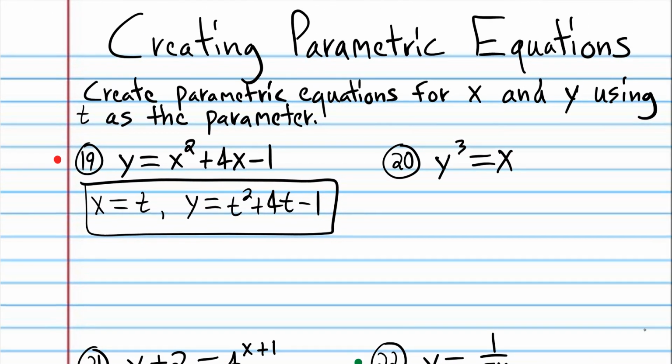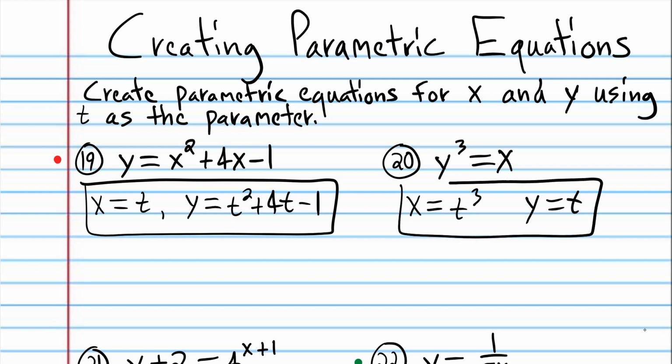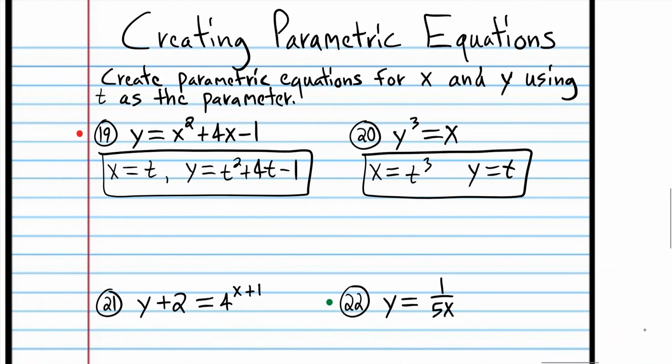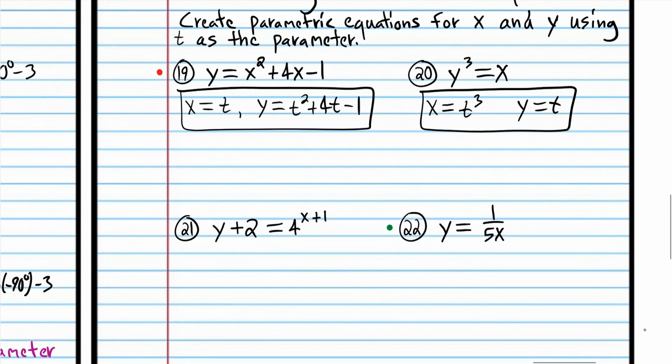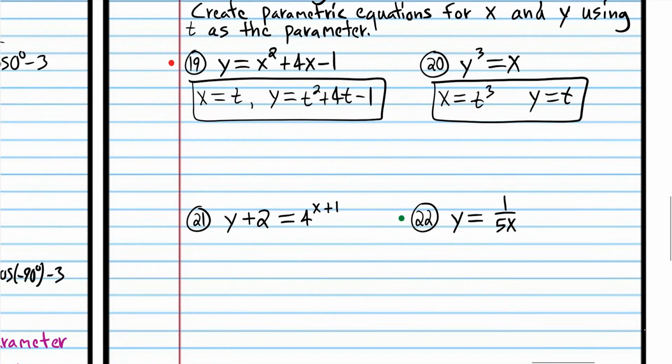Now in this case, it's going to be easier to let y equal t, because we don't want to deal with a root symbol. Then x would be equal to t cubed. So there you go. We have more parametric equations there. You can see that this is pretty easy.